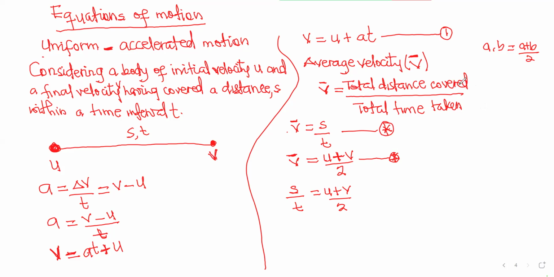It can be total distance covered. When the body moves from this point to this point, it covered a distance s. What's the time taken to cover the distance? t. So the average velocity, or the effective velocity during the motion, can be total distance covered divided by the total time taken, t. So that is the first equation I have here.